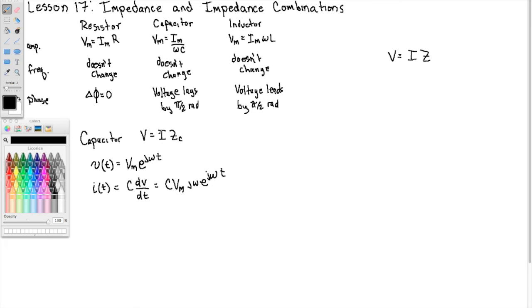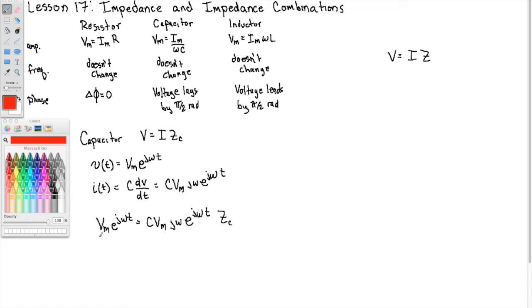So let me plug these into this thing we're calling Ohm's law. On the left I have V, so that's Vm e to the j omega t. And on the right my current is C Vm j omega e to the j omega t. And then I have this Zc that I don't really know what it is yet.